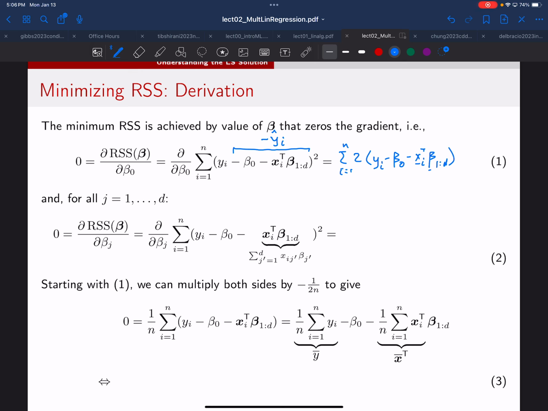And then finally, I have the partial derivative of the inside with respect to beta naught. The first term is 0. Yep, should be minus 1. That's it, because the last term also has no beta naught in it. So all we have is a minus. We can put it out front.